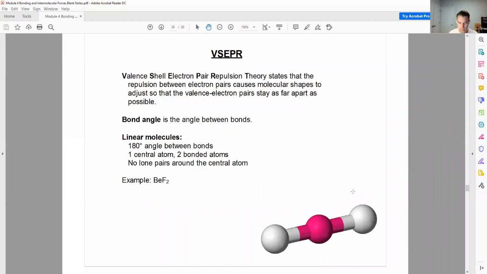Now, let's talk about polarity. Let's look back at our example for CO2. The polarity between carbon and oxygen is one that I said you're definitely going to have to know, and we know that the C-O bond is polar.